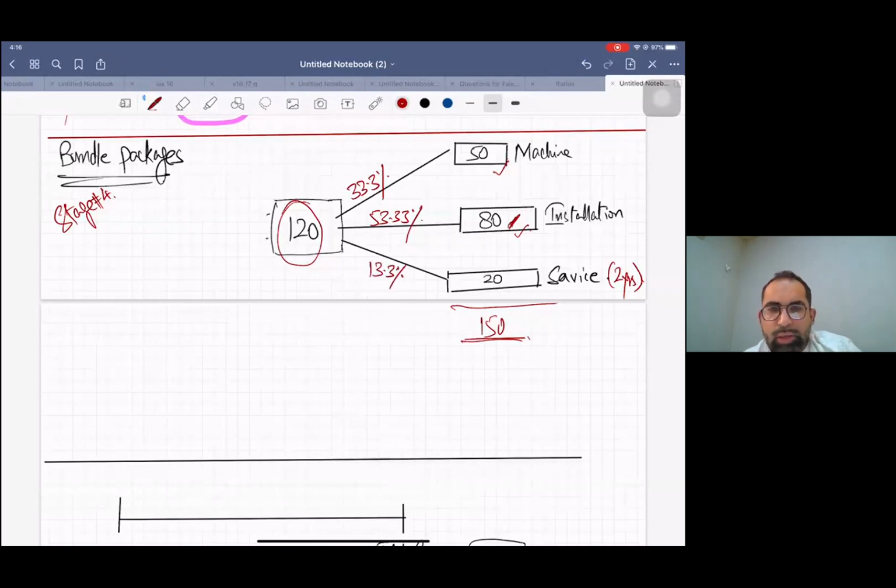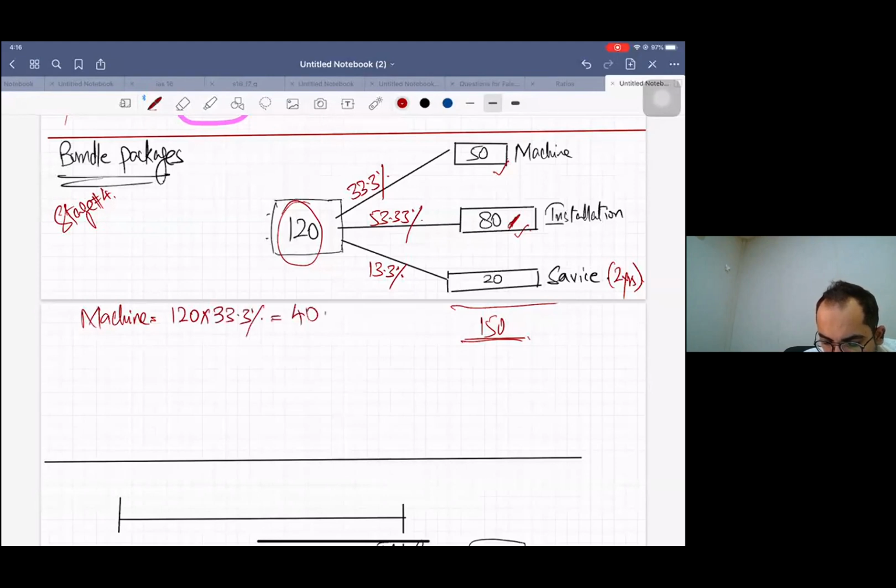Okay, so now what you will do, you will apportion. If you want to calculate the revenue of machine, the revenue for machine is 120 times 33.33%. I think it's 40. The revenue for installation is 120 times 53.33%.